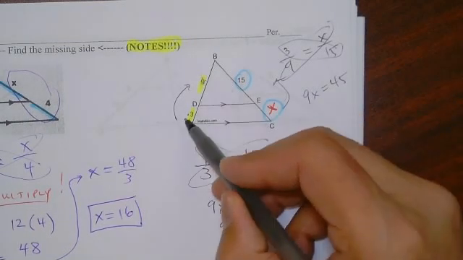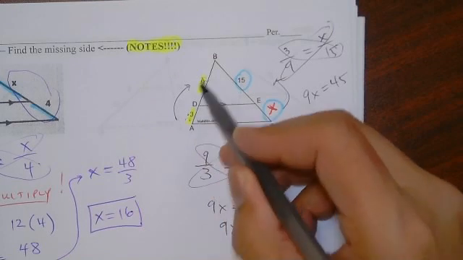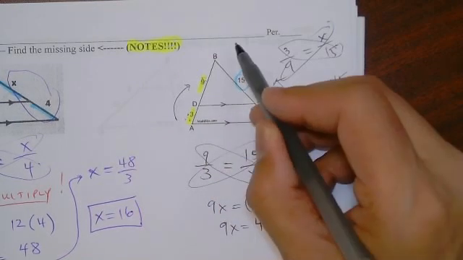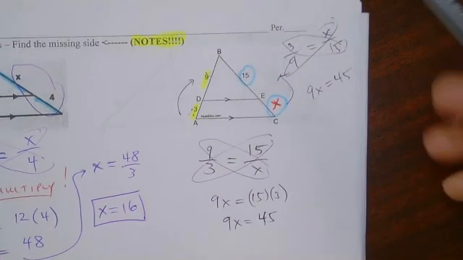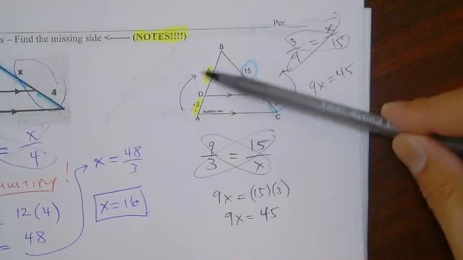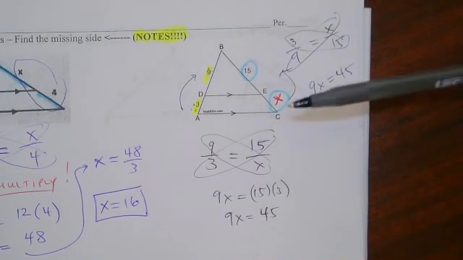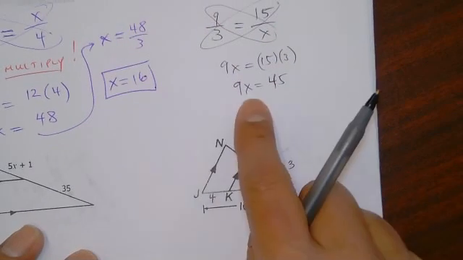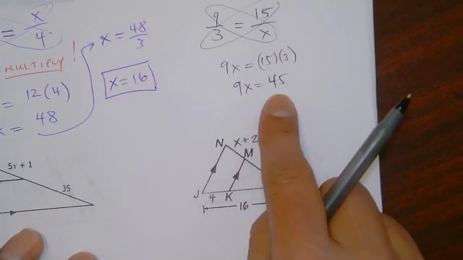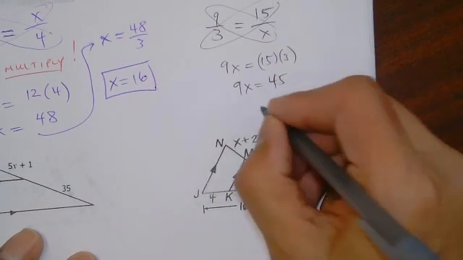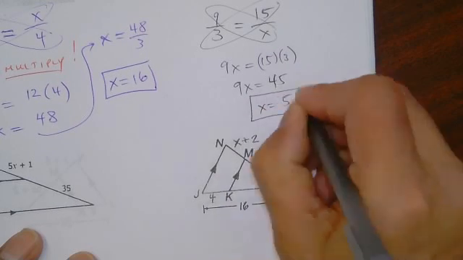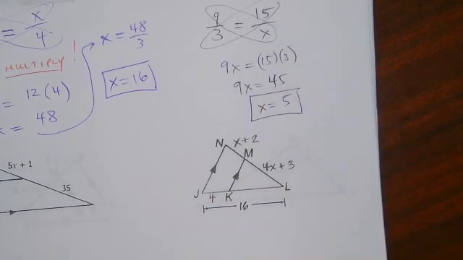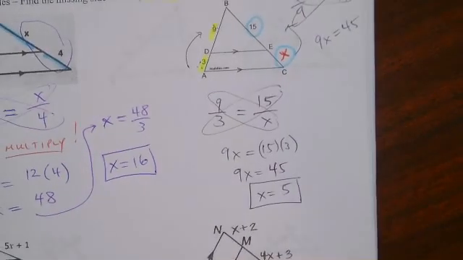The people that make mistakes are the ones that say 9 over 3, going top to bottom, and then they put this one bottom to top. Oh, no, don't do that. If you're going from top to bottom, put 9 over 3, and then put 15 over x. Don't put x over 15. That changes the ball game. Does everybody know that 9 does multiply into 45 evenly? X equals 5.